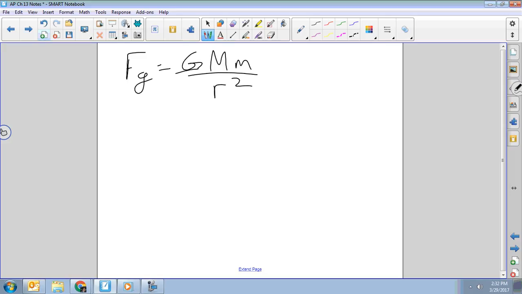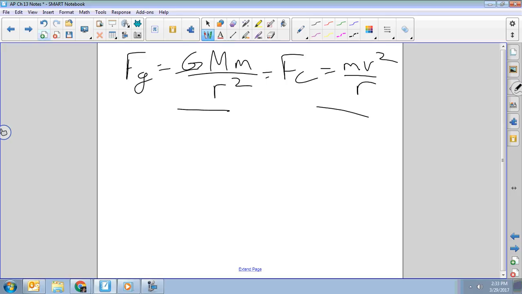But so the idea is this has to be providing centripetal force to keep the planet going in a circle, right? Well, centripetal force is mv squared over r, right? Follow? All right, so let's see. I feel like I ought to be able to rearrange this and solve for v. So here's what I've got right now.